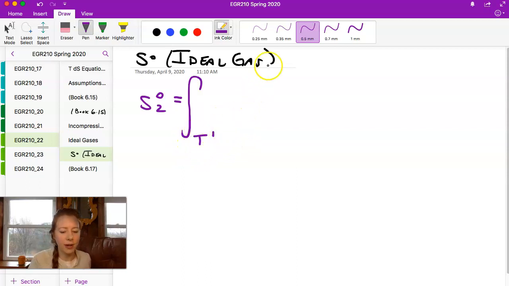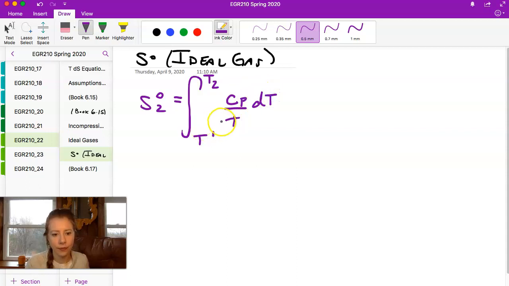From some reference temperature to our temperature, our final temperature, of Cp over T dt. So that's what they mean in the tables.